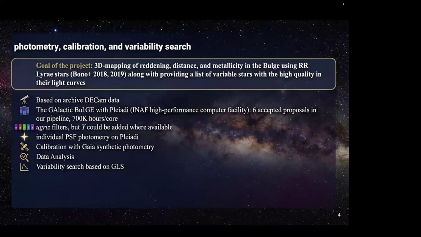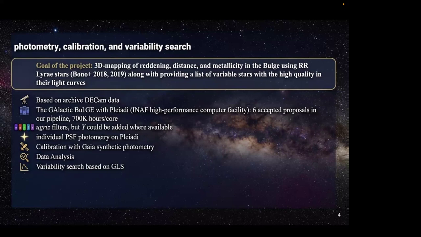To do that, we use the archived DECam data in all the bands ugriz, and we are also trying to add the Y band to our photometric catalog to cover more spatial distribution. We did individual PSF photometry on ReLaIDs, which is a high-performance computing facility.